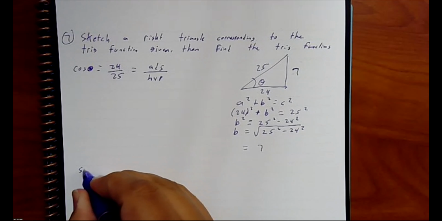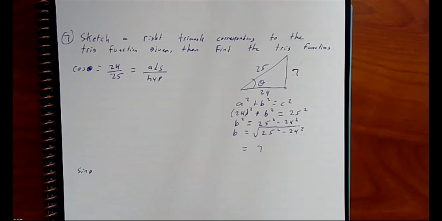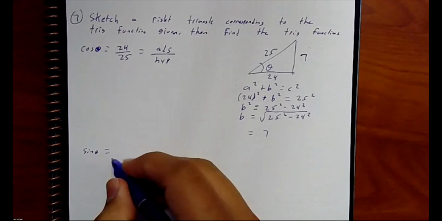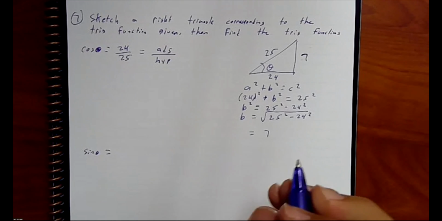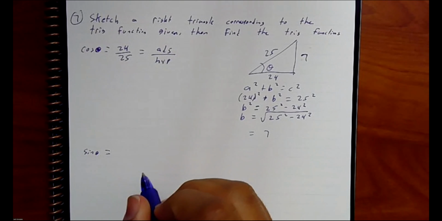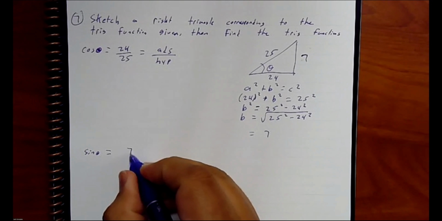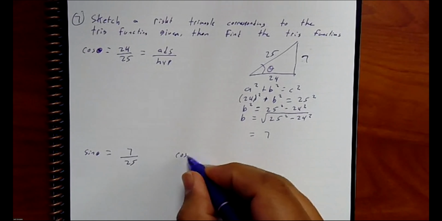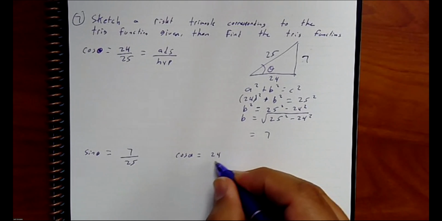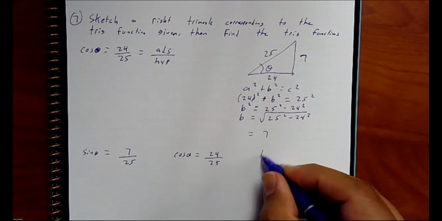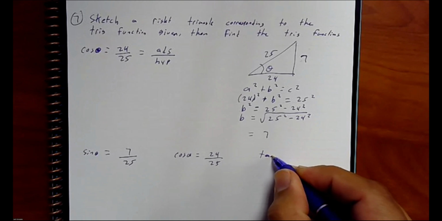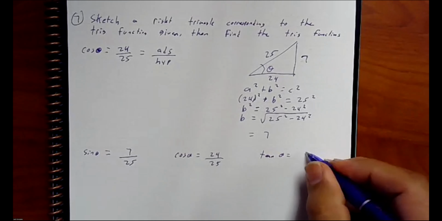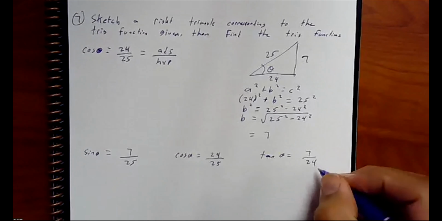So sine theta. Let me see where I'm at on the screen here. Sine theta is equal to opposite over hypotenuse, so that'll be 7 over 25. Cosine theta is equal to 24 over 25. Tangent theta is equal to opposite over adjacent, so it's 7 over 24.